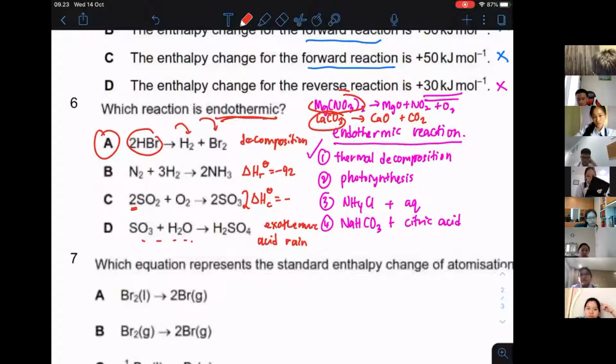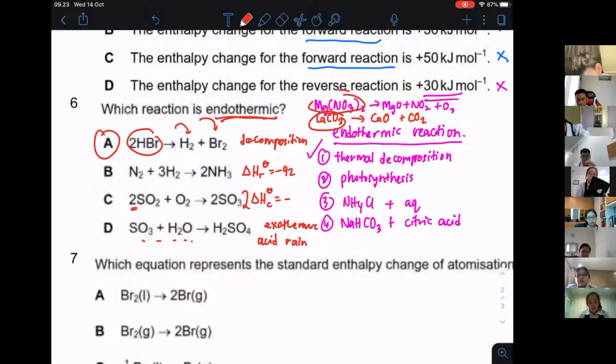Josh, can we use the concept of bond breaking and bond formation here? Actually, not really over here.